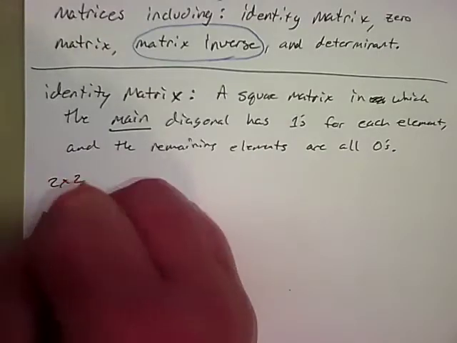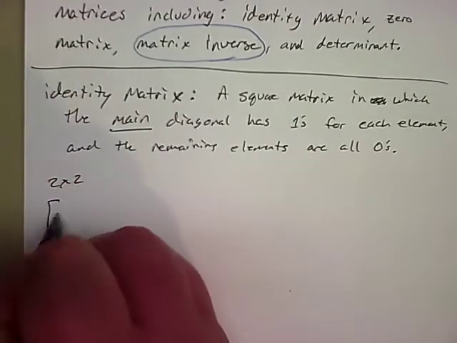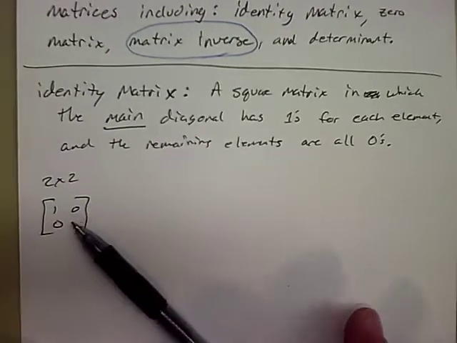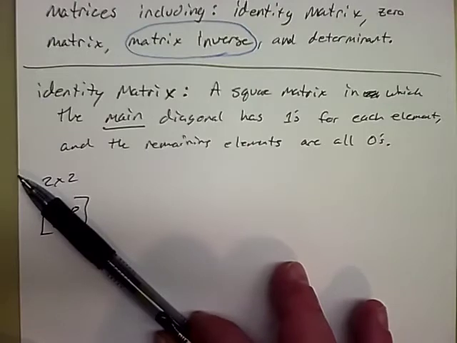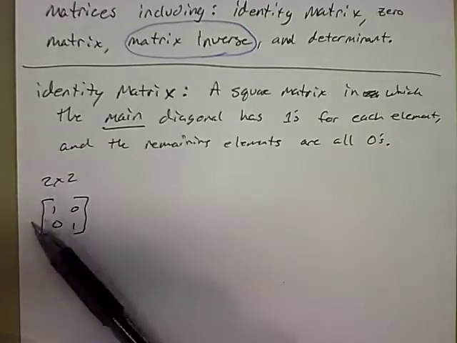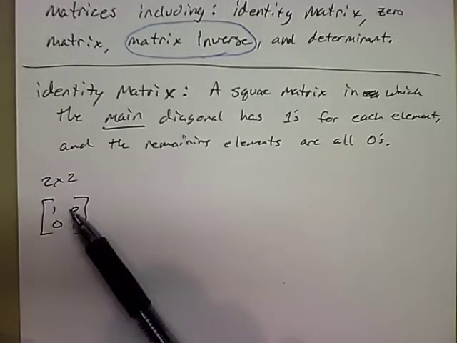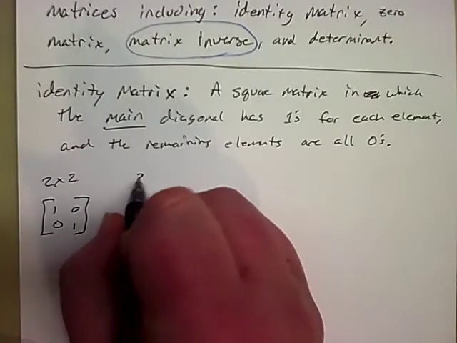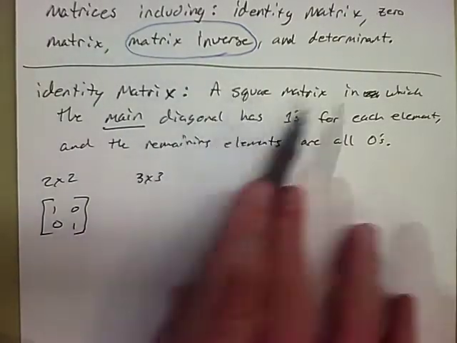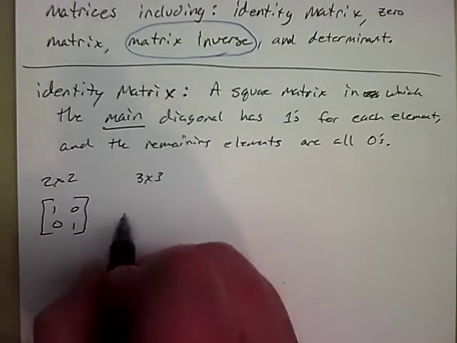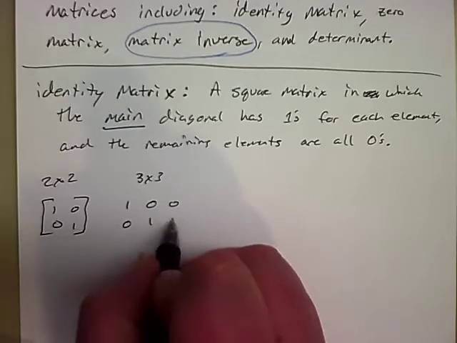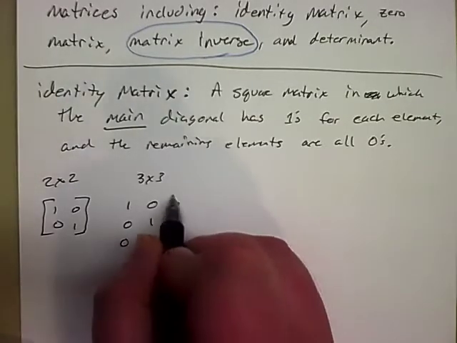Let's take a look at a 2 by 2. A 2 by 2 identity matrix looks like this. Our main diagonal goes top left to bottom right. That's the main diagonal. That has ones, and there's zeros everywhere else. Let's take a look at a 3 by 3. Note, these are square matrices. So a 3 by 3 would be 1, 0, 0, 0, 1, 0, 0, 0, 1.